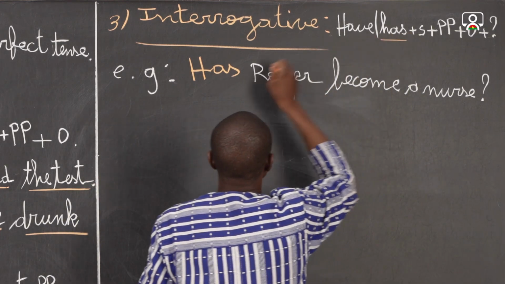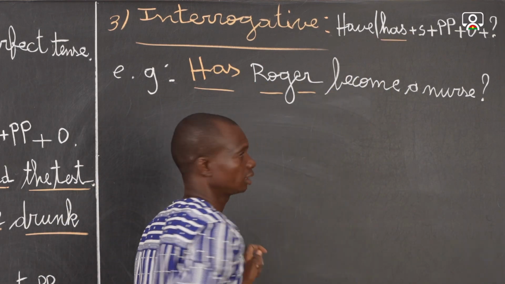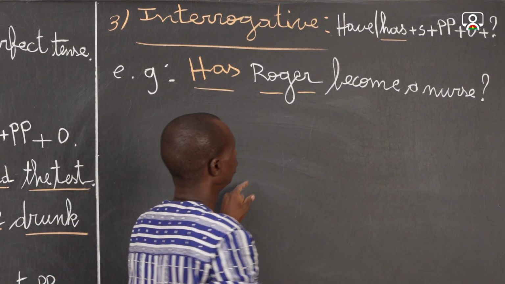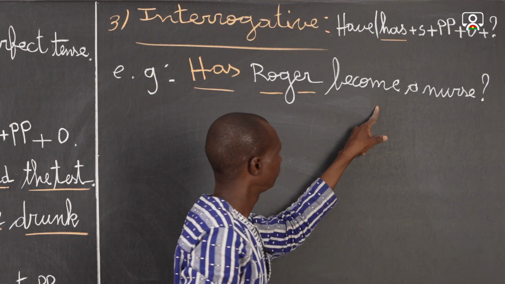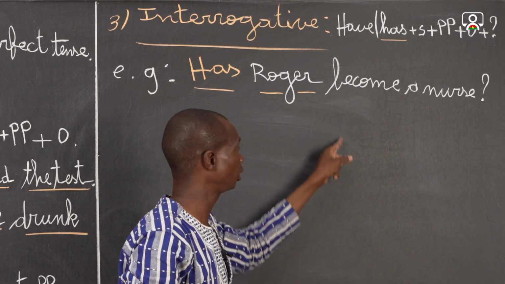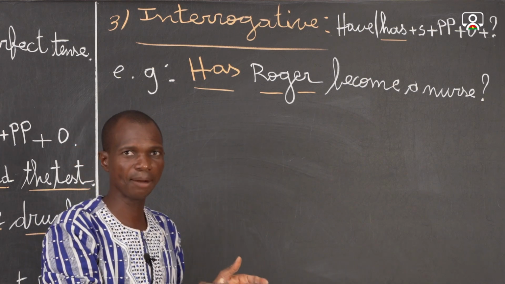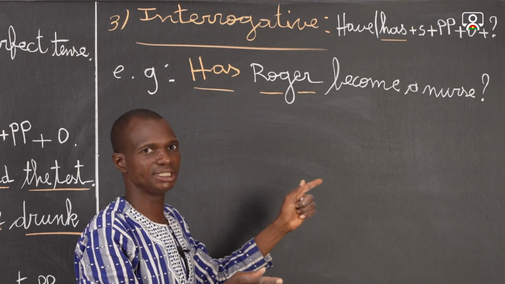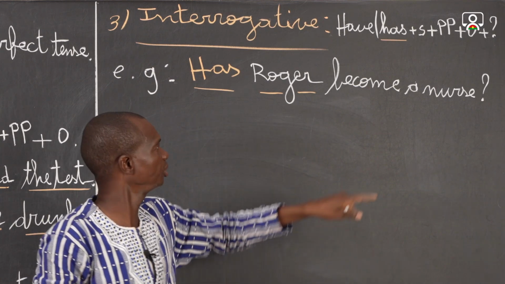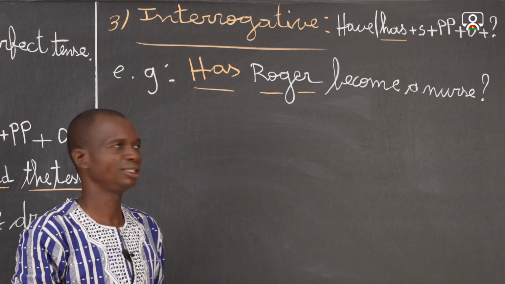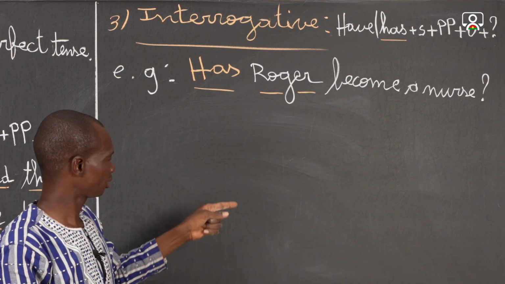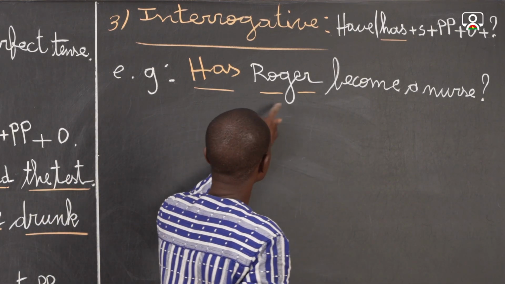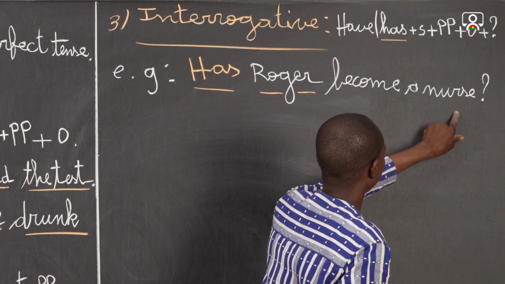It's because Rose is the third person singular, and we have become. It's the past participle of to become: become, became, become. Then the infinitive and the past participle form are the same, apart from the preterite, which is became. Okay, has Rose become a nurse?